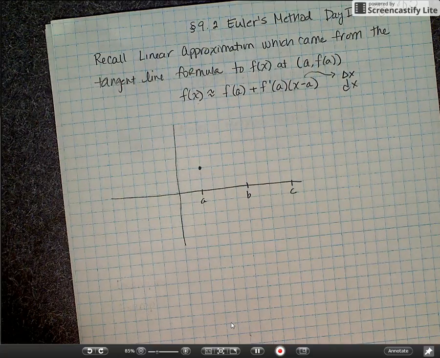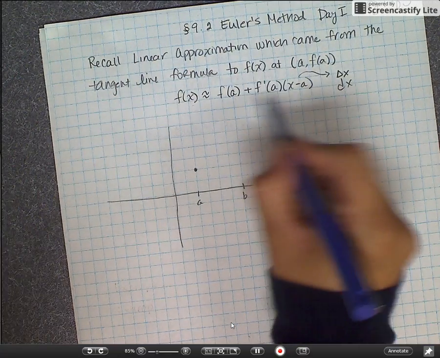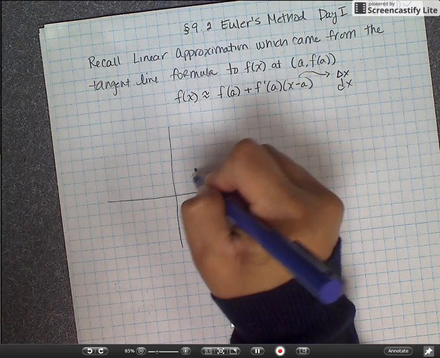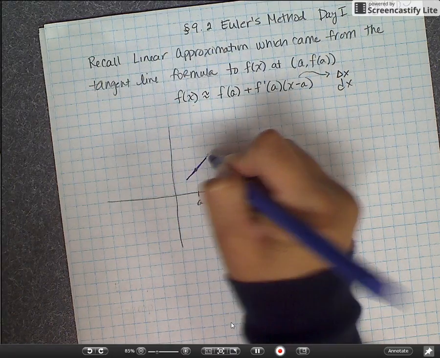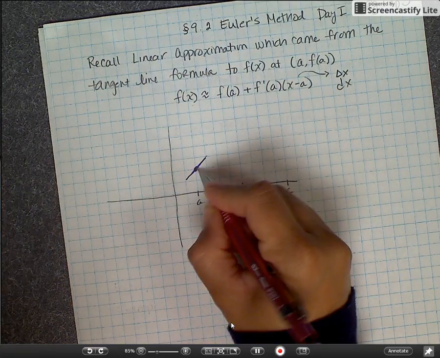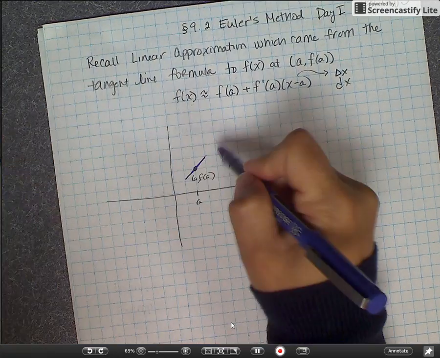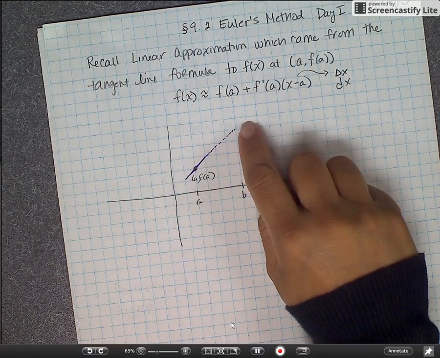And you have some function, okay? We don't know what the function looks like. But if we use this linear tangent approximation, let's say that we have this tangent line that goes in this direction. So if we were to plot a point here at a, f of a, and we followed this tangent line, it would be taking us in this direction.